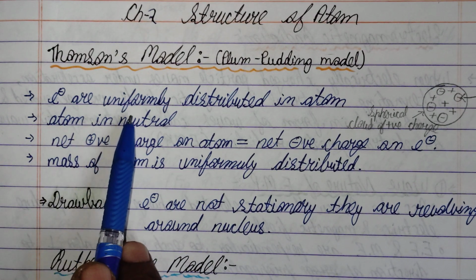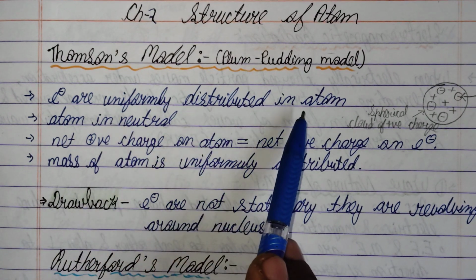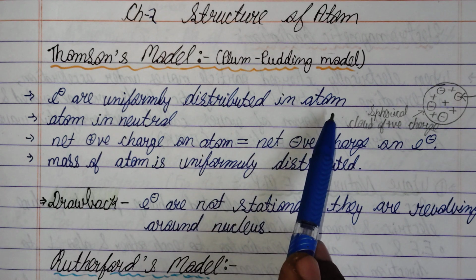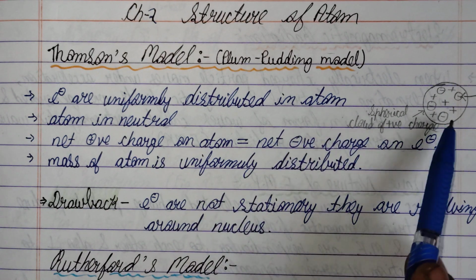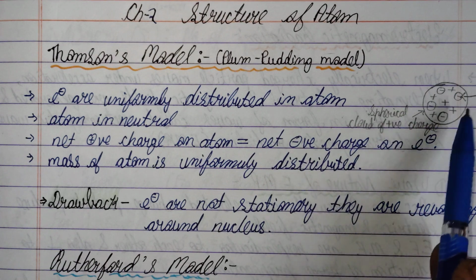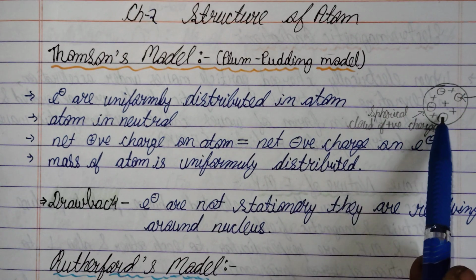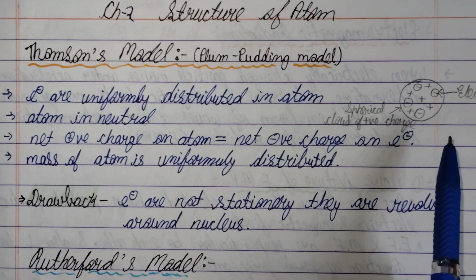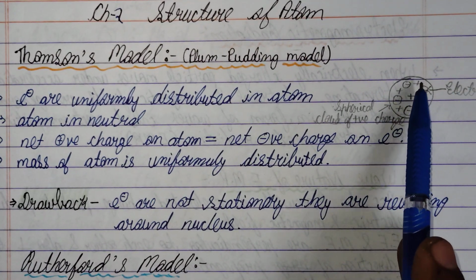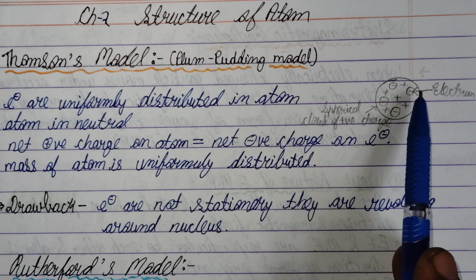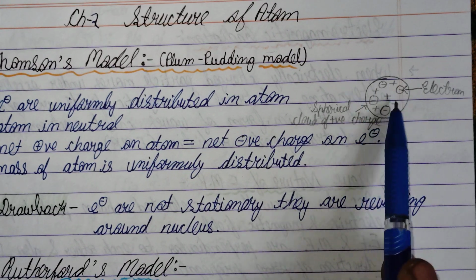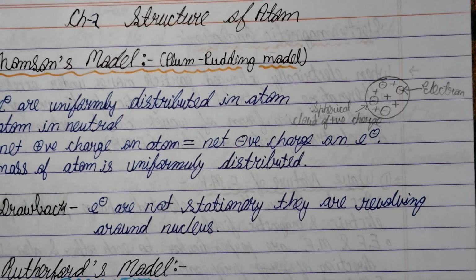Electrons are uniformly distributed in the atom. This is the plum pudding model, where plus and minus charges are there. Electrons and protons are equally distributed in the plum pudding.